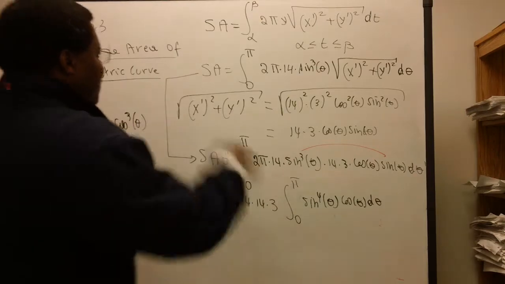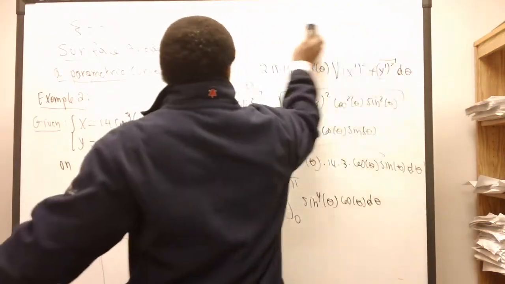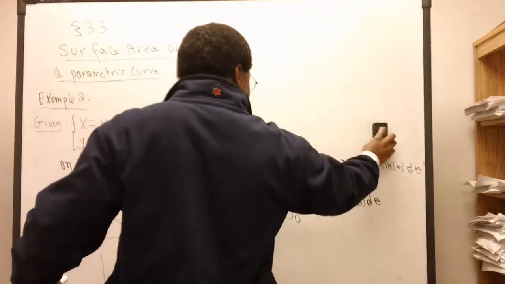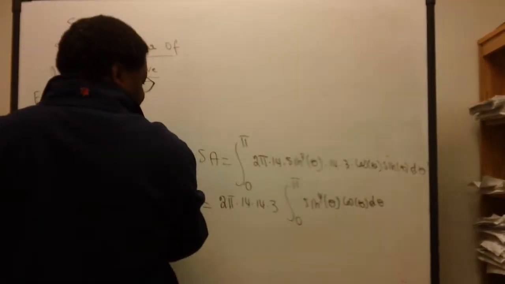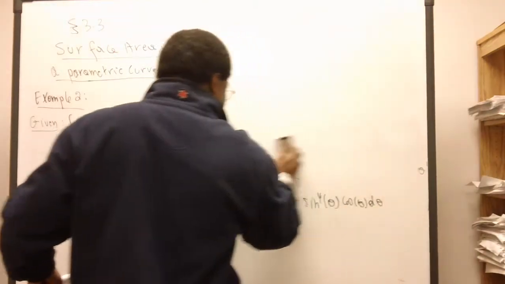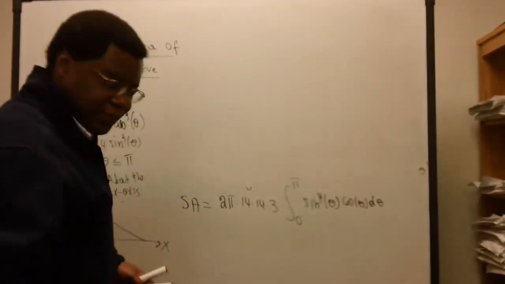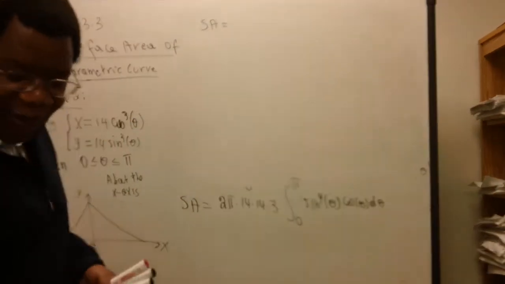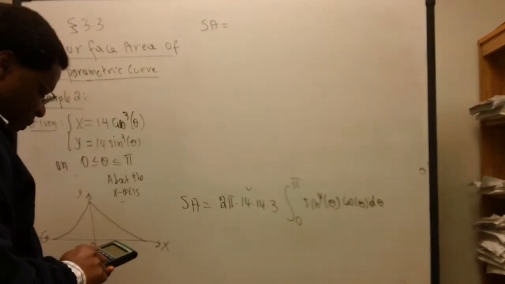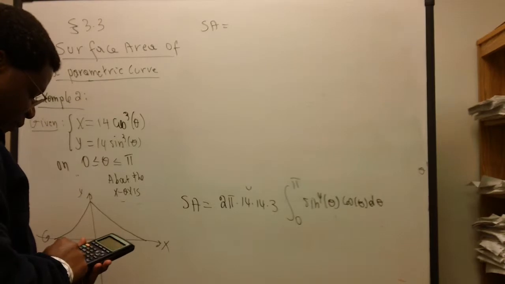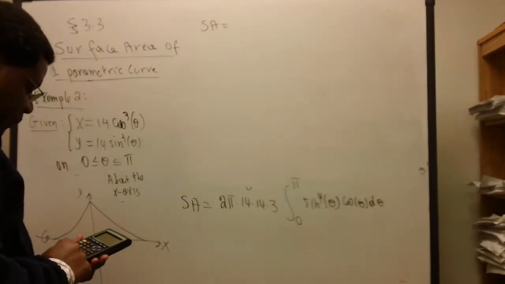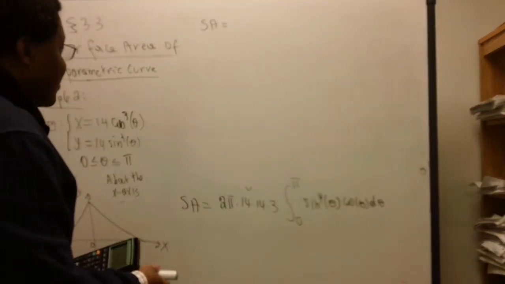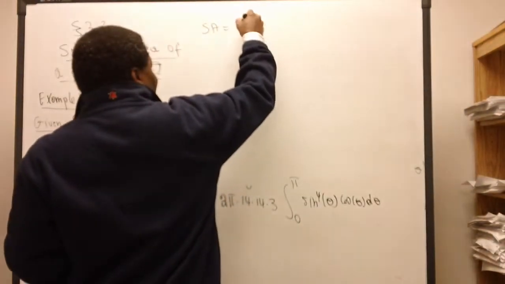Now let's go back up here. So my integral is, if you multiply 2 pi, so you take 2 times 14 times 14 times 3, you're going to get 1176 pi.